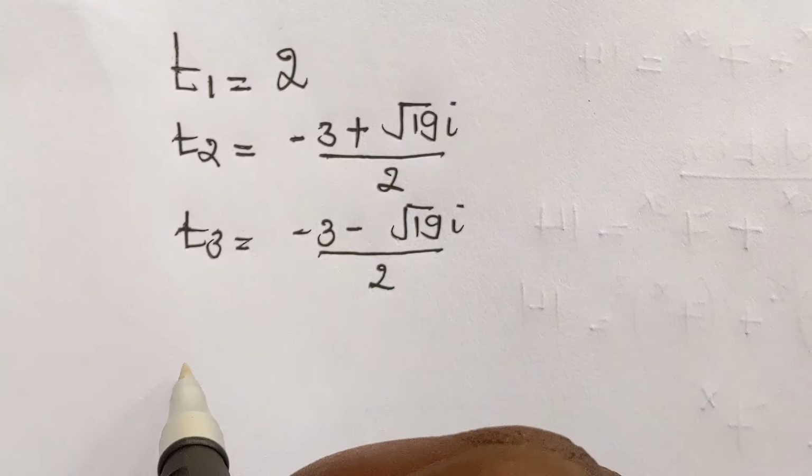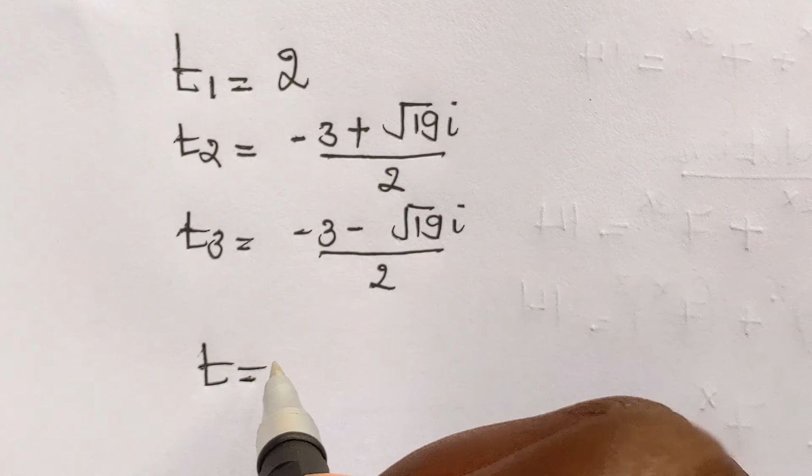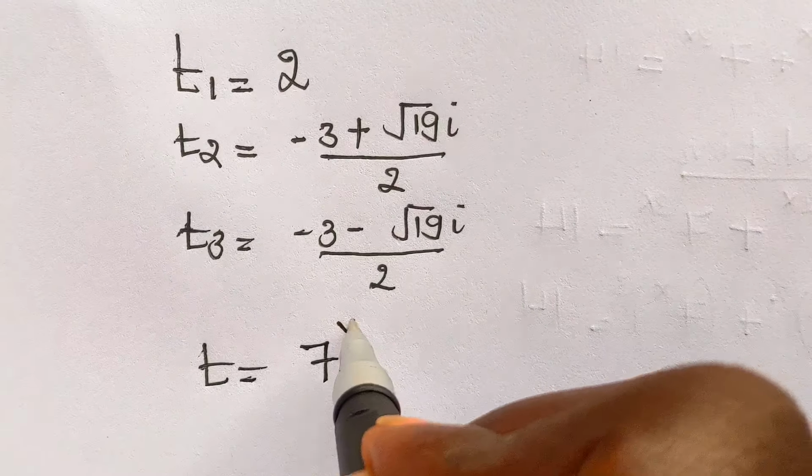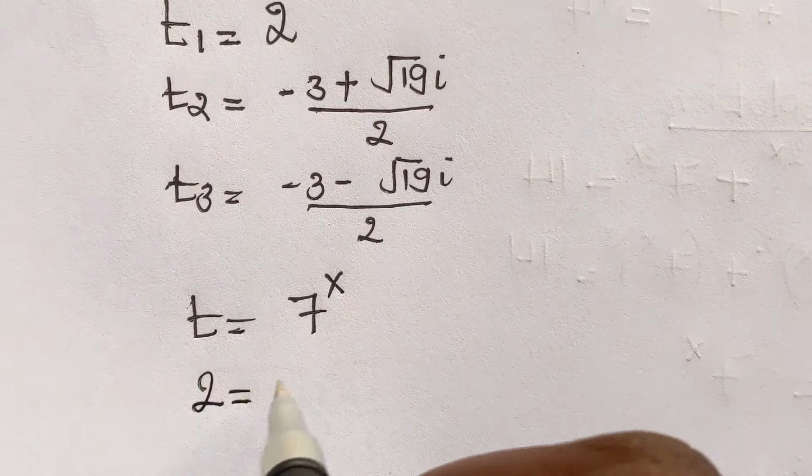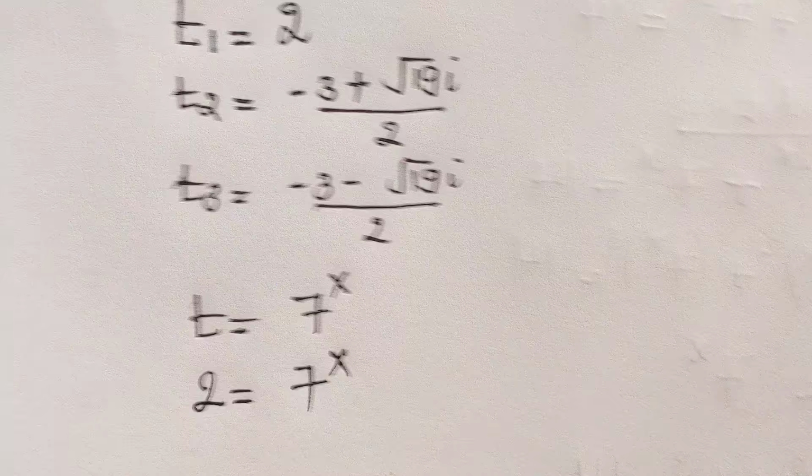And we know that here t is equal to 7 power x. Then 2 will be 7 power x.